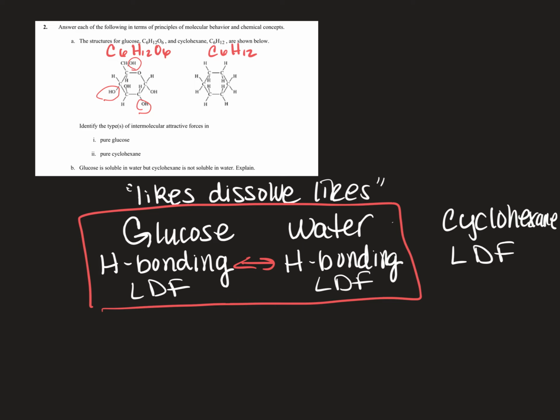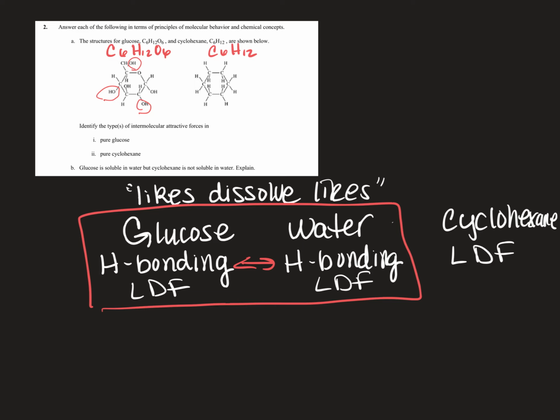So it says 1 point is earned for explaining the solubility of glucose in terms of hydrogen bonding or dipole interactions with water. And 1 point is earned for explaining the difference in the polarity of cyclohexane and water. So it says the hydroxyl groups in glucose molecules can form strong hydrogen bonds with the solvent water molecules.